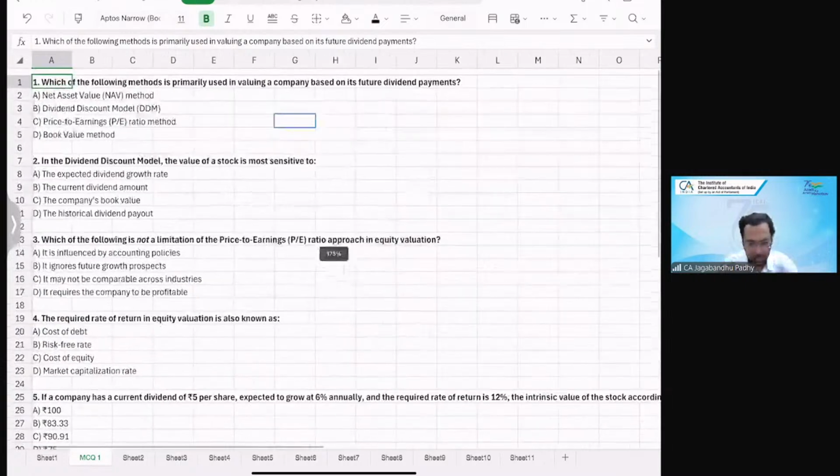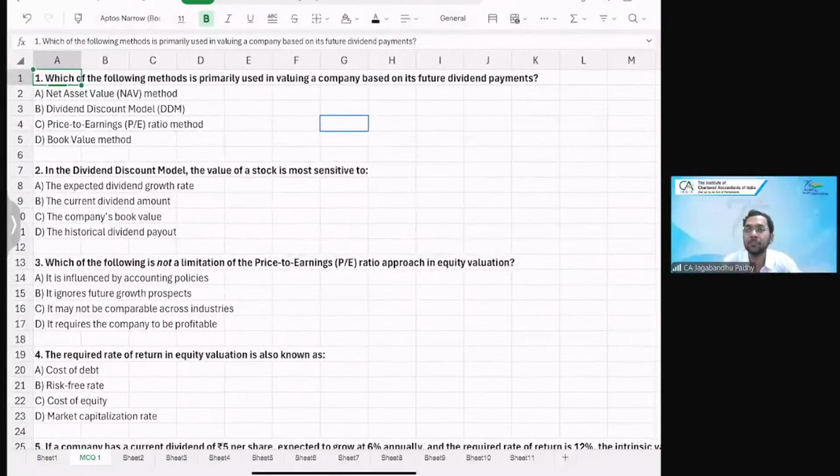Can you see the questions, guys? MCQ questions?